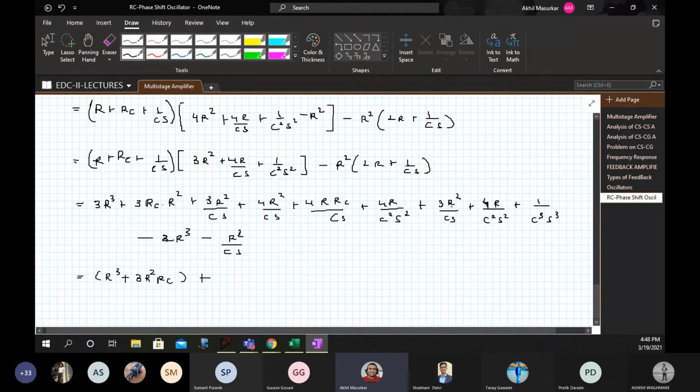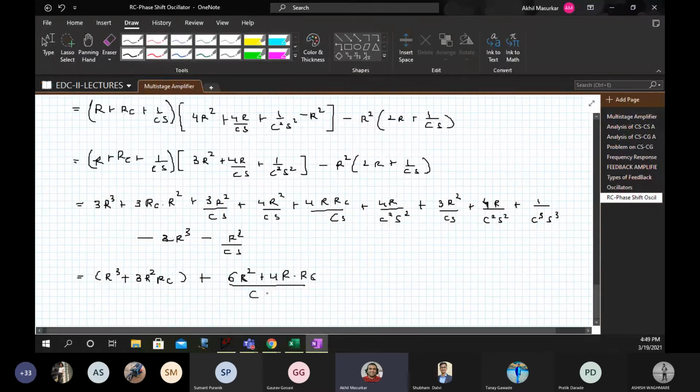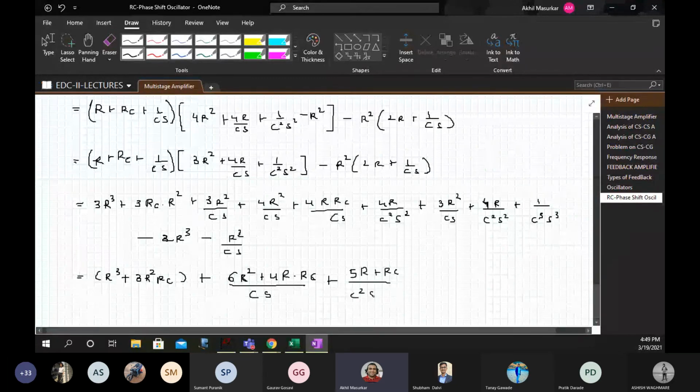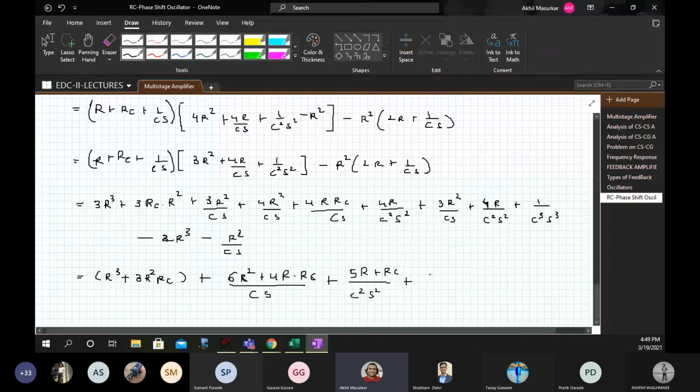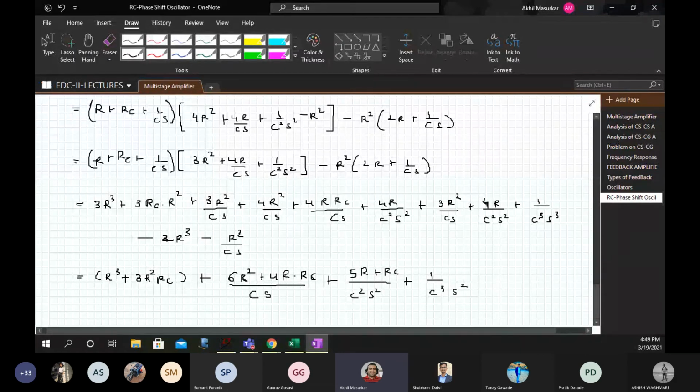So you can see here 3R square and 3R square, so I can write here 6R square, plus 4R into RC upon CS plus (5R plus RC) upon C square S square plus 1 by C cube S cube. Just check it. I want everybody to check it.